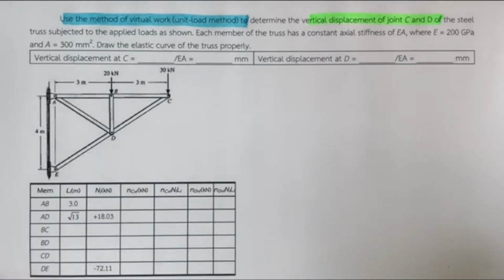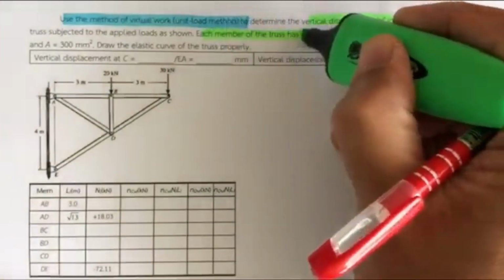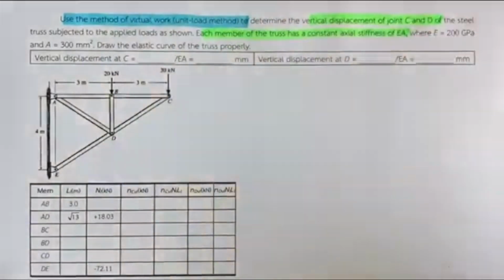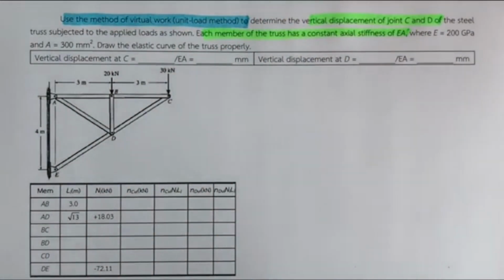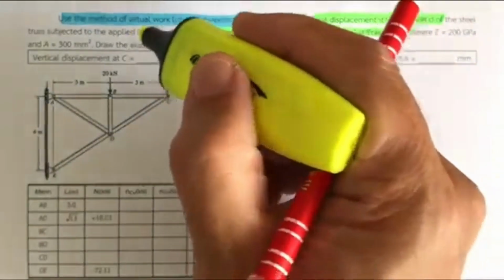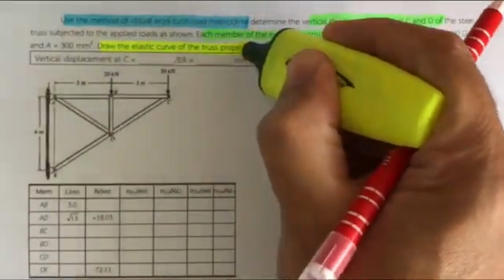It says each member has constant axial stiffness, so this time all the EA are going to be constant and the calculation is a little bit easier. Then they ask us to draw the elastic curve of the truss properly.